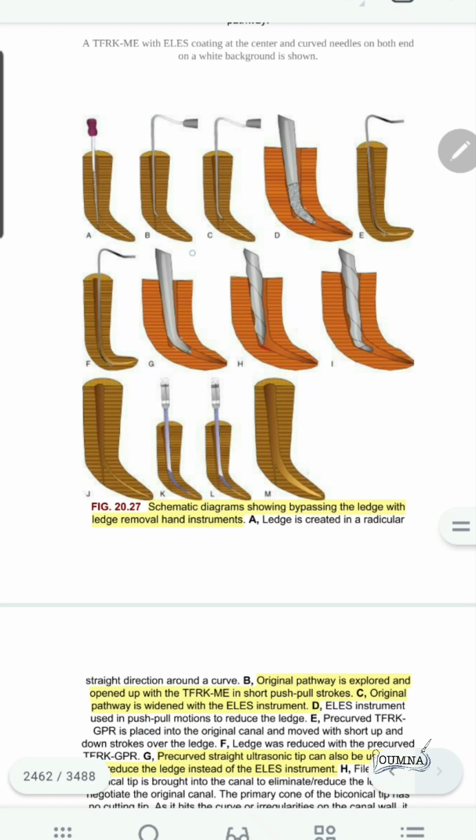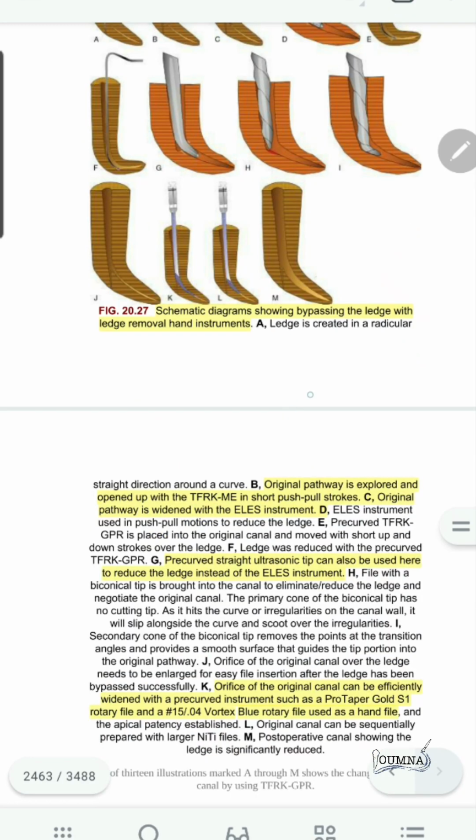Then we start exploring it with the hand instrument, doing up and down strokes to get to the original pathway and decrease the curve of the ledge. Then we use an orifice opener, that is the rotary file one, which is pre-curved.